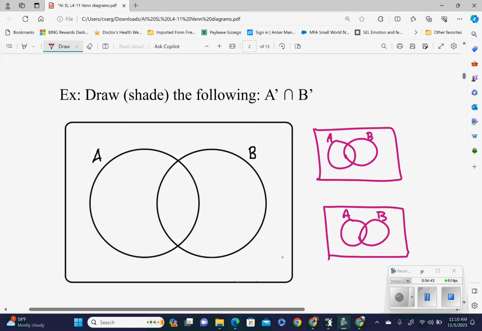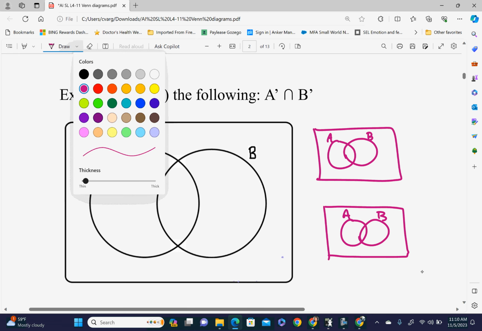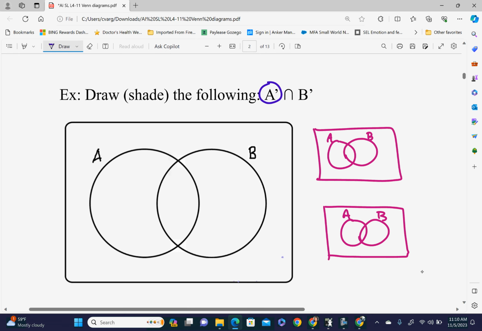All right. So let's talk about what not A means, just visually. If I change my color real quick, let's go with a darker blue. So this is A. If I'm shading not A, I'm going to shade everything that is outside of A. So all of this, all of this, all of this, all of this, right? You with me?